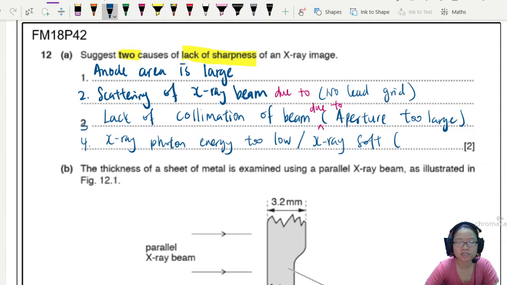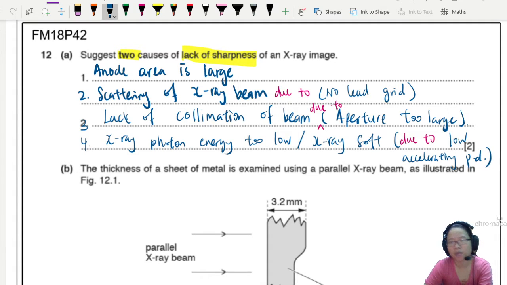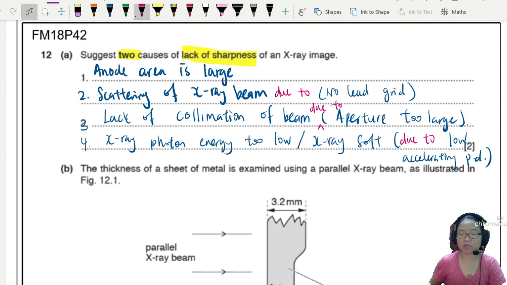And the reason for this, I'm just going to write this one, is due to the accelerating potential, remember? So this one would be due to the low accelerating PD. I'm giving you a bit extra here, way more than is needed to answer the question, because this is a general question: what causes the lack of sharpness?